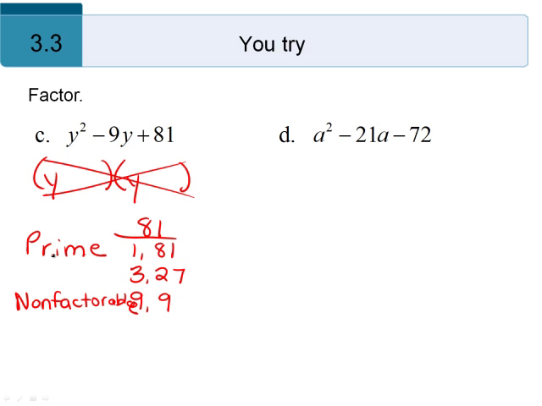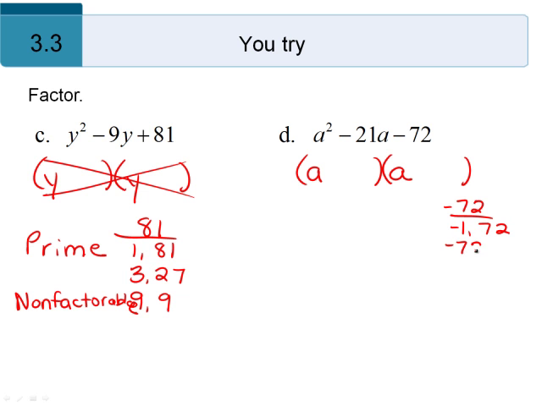All right, let's look at letter D. Once again, check for a GCF. There isn't one, so we automatically set up our parentheses for FOIL and put in A and A. Now, negative 72, there's like a gazillion factors.